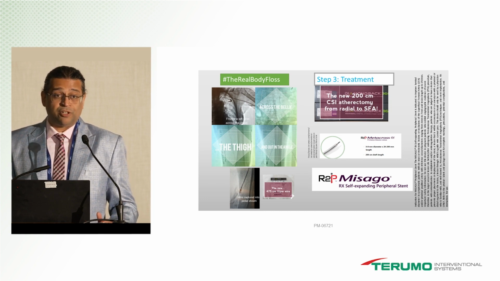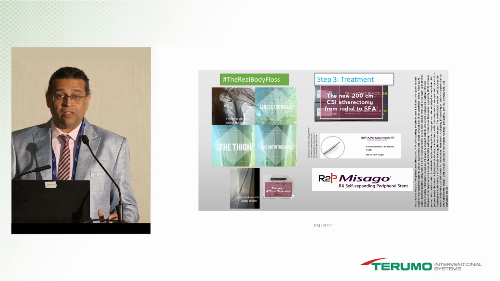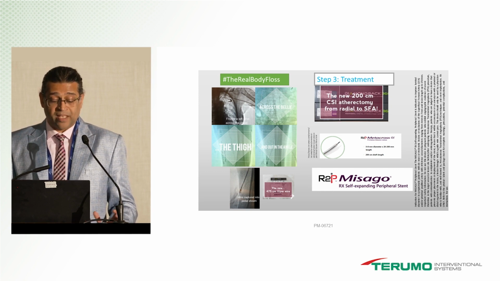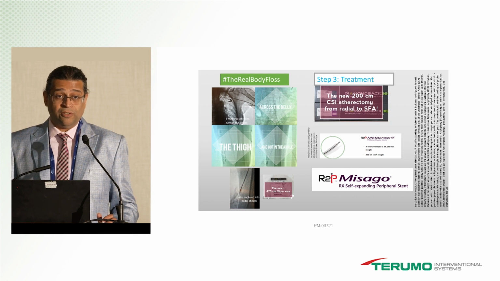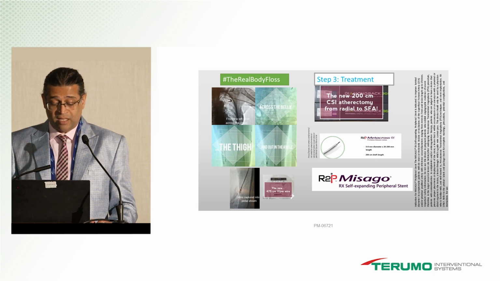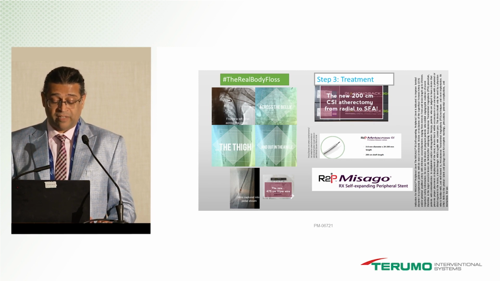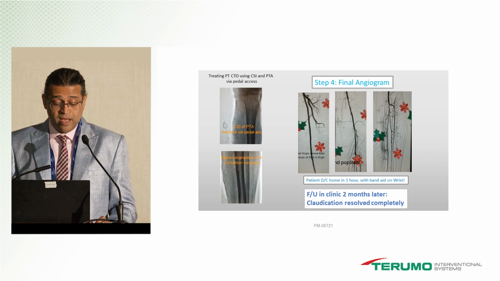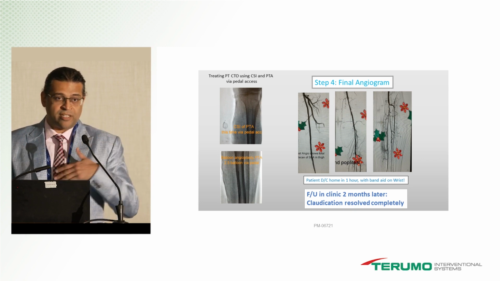Drug-coated technology is still evolving in this field from the radial approach. Covered stents are still not there, so you can have issues. So we are not there yet, but I hope in the future we get into this. There are more devices and options that we have in this space. So I did CSI. I also got access to the posterior tibial artery, so I said I'll treat it on the way out.